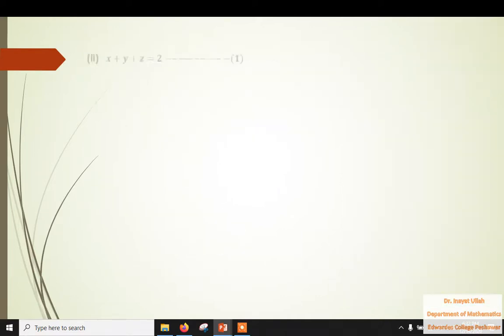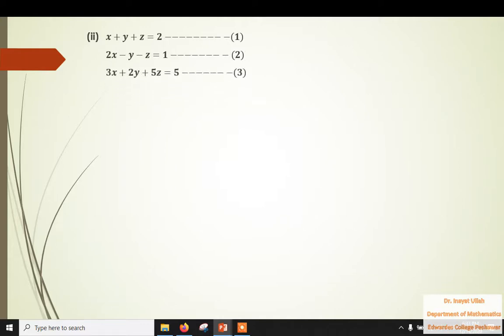Now the second part is about three equations in three unknowns. We need to use back substitution to solve these three equations. So back substitution means we need to eliminate x first, then y, and then z.